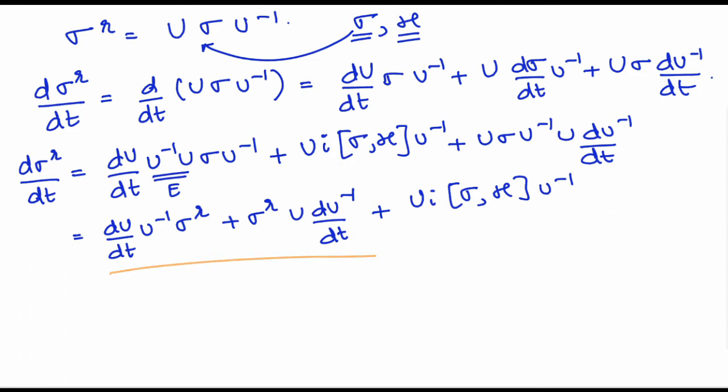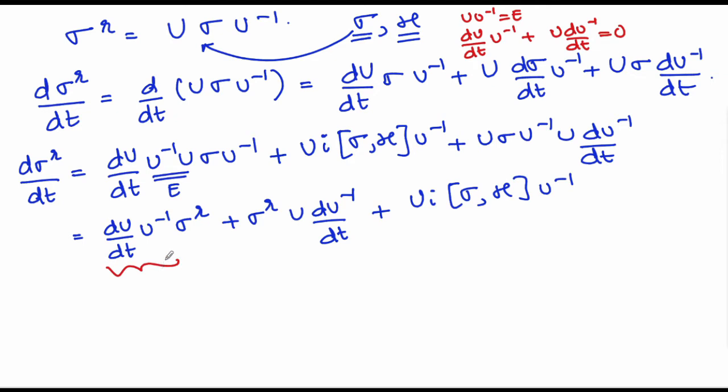We'll also quickly invoke a basic thing, that is U U inverse is equal to identity, therefore differentiating it with respect to time, dU by dt times U inverse plus U dU inverse by dt is equal to 0. So this implies we can write one of them with a negative sign.